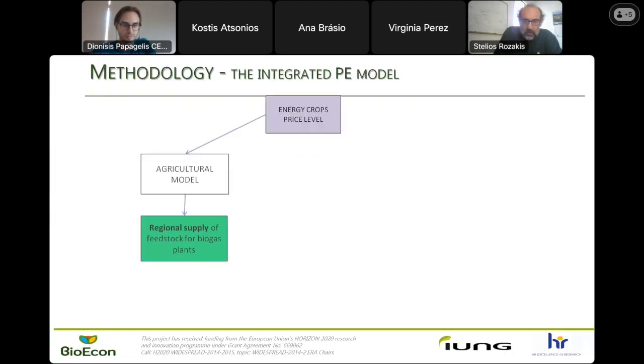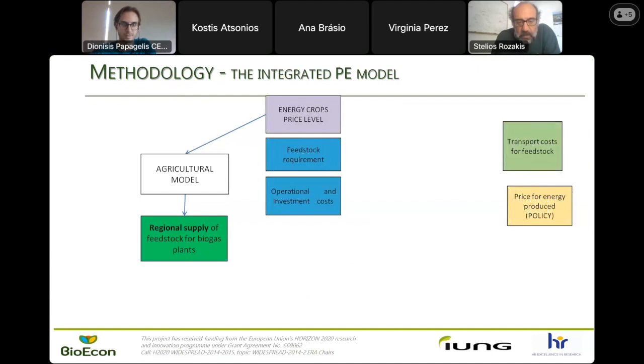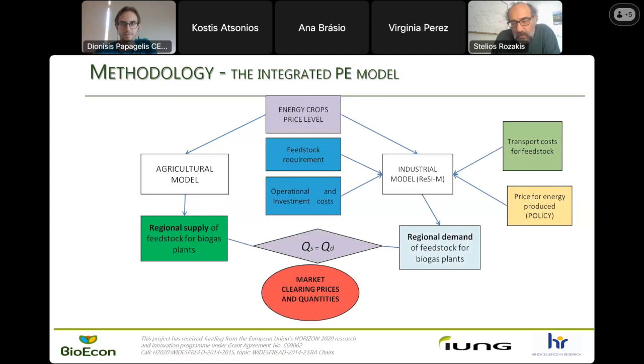Here is the partial equilibrium modeling framework. The agricultural model generates the supply of feedstock for biogas plants, which depends on the price of energy crops. Then we take into account the technology and transportation, and we built the so-called industry model.